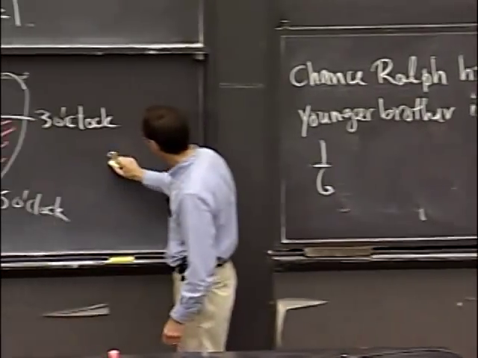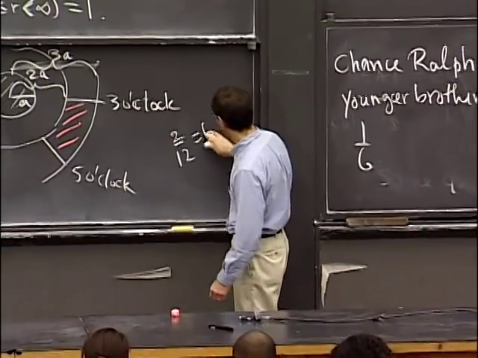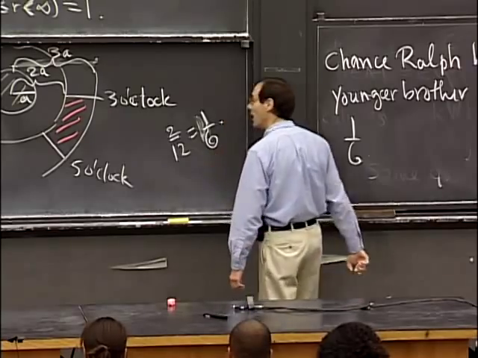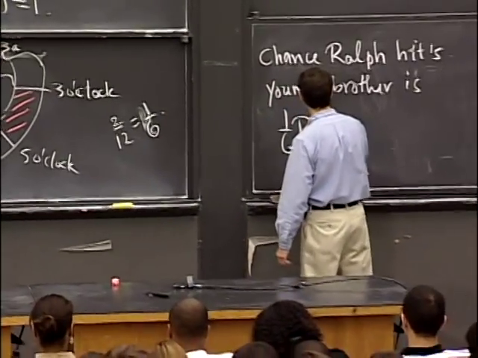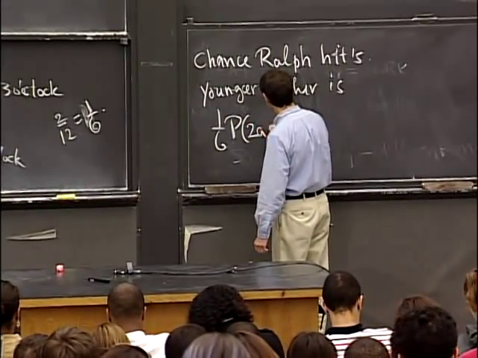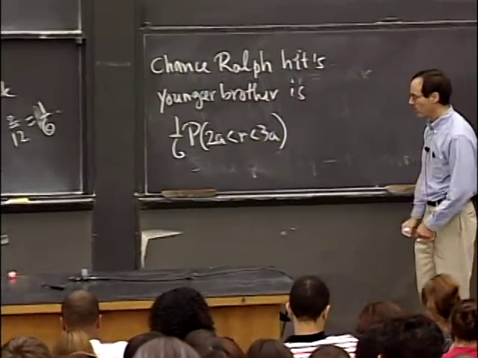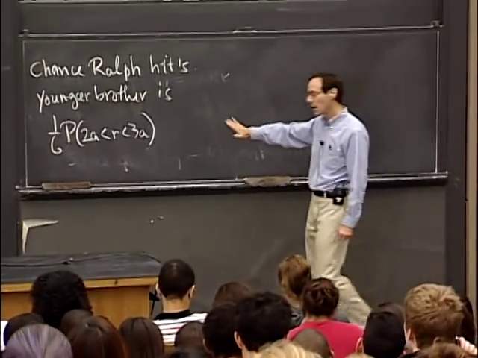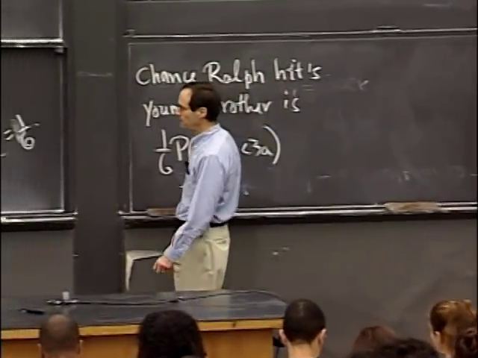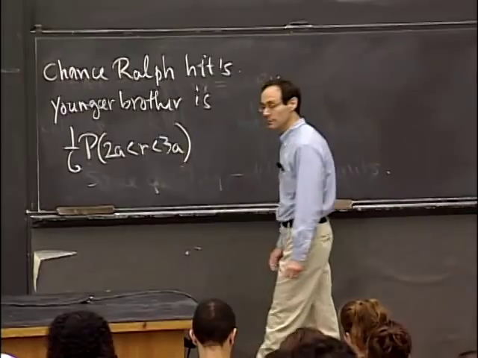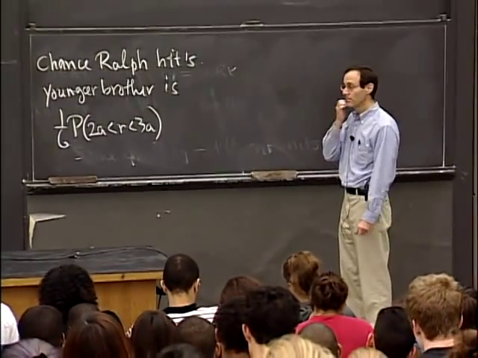Because 2 over 12 is equal to a sixth. A sixth of the probability that we're between A and 3A. All right? That's the number that we're looking for.